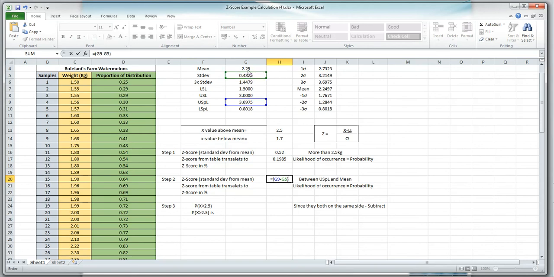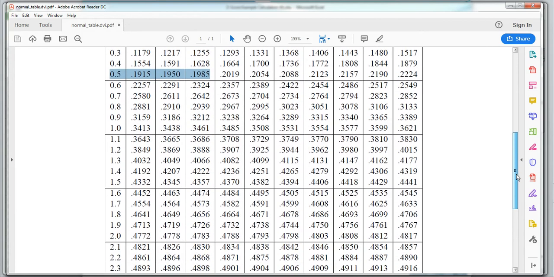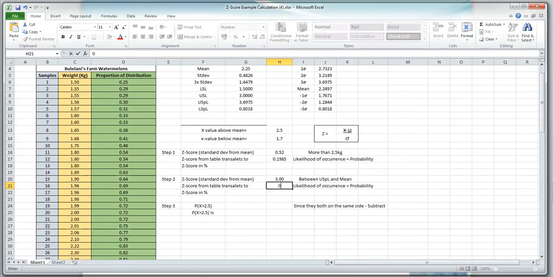Okay, let's correct that, it should be the mean there, 2.25, close brackets, divide by the standard deviation, we get a value of 3. So again, we go to our standard normal table, we look for the Z value of 3. There we get 0.4987. So 0.4987, that is our probability.